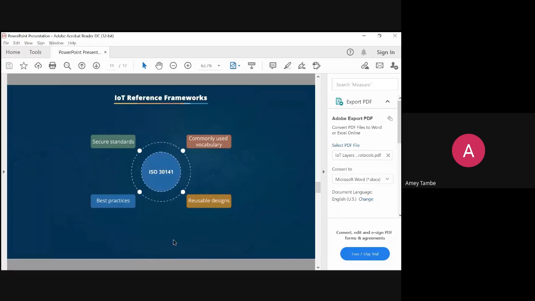And it involves very good best practices in terms of creating and deploying IoT architecture over the cloud or over the infrastructure, and we can have the secure standards stated in ISO 30141. Now what kind of secure standard is stated?